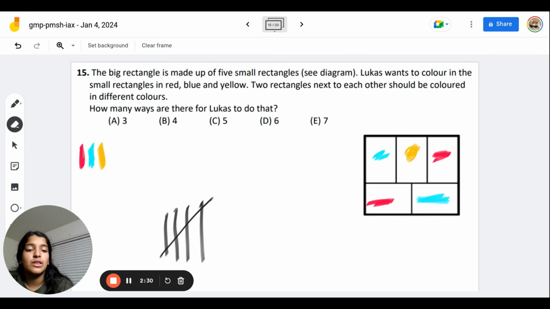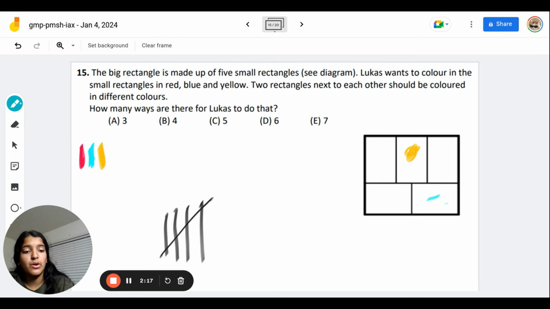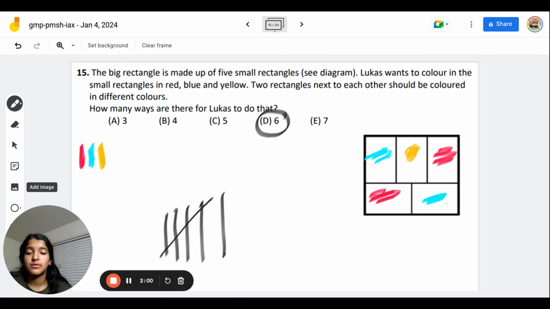And then our last combination would be just interchanging the blues and the reds. So let's take blue, and we would put blue over here, and then put red over here and red over here. And that would be our sixth combination. And overall, we would have 6 combinations, which means our answer would be D.